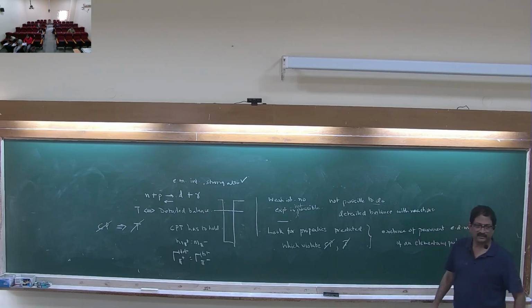Please don't tell me that ammonia molecule and methane molecules and all have EDMs and therefore it's a signal of CP violation. It's not true, because those are quantum mechanical systems with degenerate energy levels. So we are not looking at complicated things like methane or ammonia where it may have an EDM. We're talking about elementary particles.